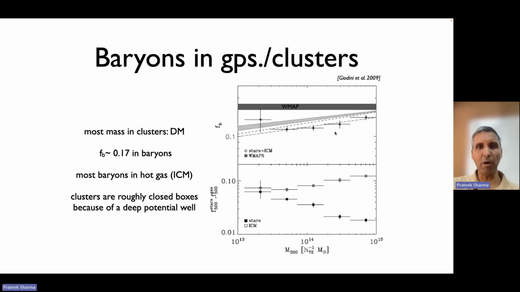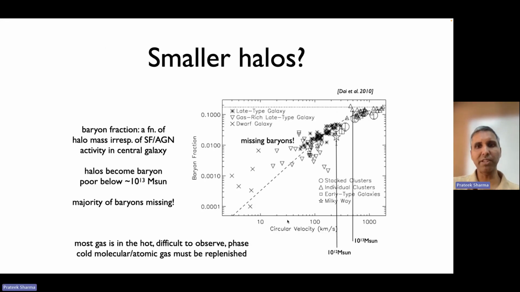This is the same plot actually done over a much larger mass scale. So this is written in terms of the circular velocity. But remember this scaling relation, right? M is proportional to V cubed in this self-similar scaling. So you can actually use velocity or mass. So here I've actually shown the masses.